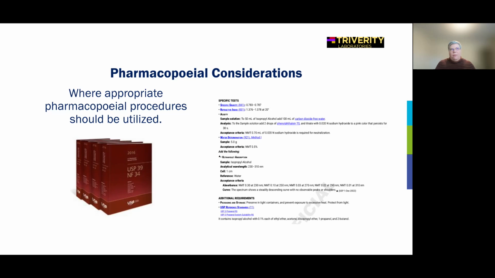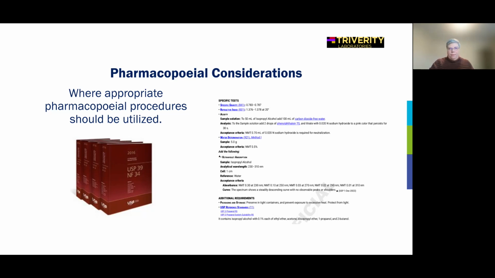So I think typically we would take the USP method, either modify it slightly to work for us, or really go with an in-house method. When you do that, you need to provide a justification of why you're not using the USP method or the EP method, and then you need to do a comparison of your method against the USP method and point out where the issues lie and why you couldn't use the USP method.